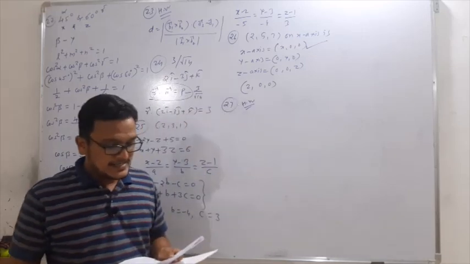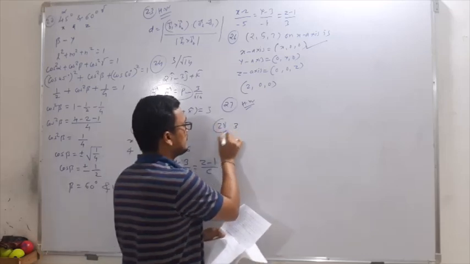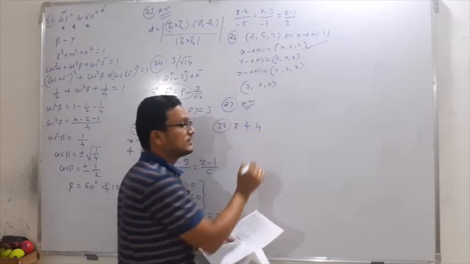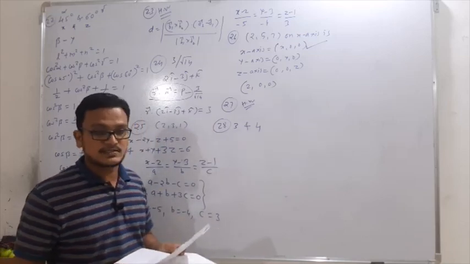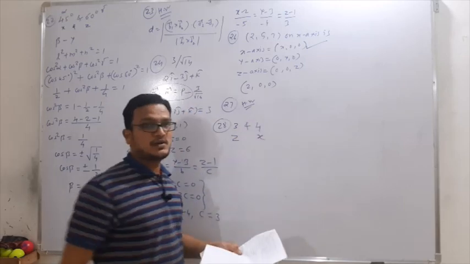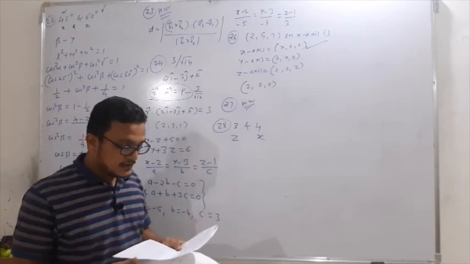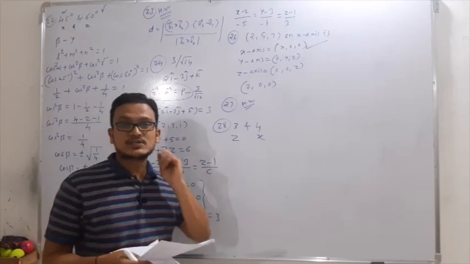A plane makes intercepts 3 and 4 respectively on the z and x-axis. So this is for the z-axis, this is for the x-axis. If the plane is parallel to the y-axis, then what is its equation?